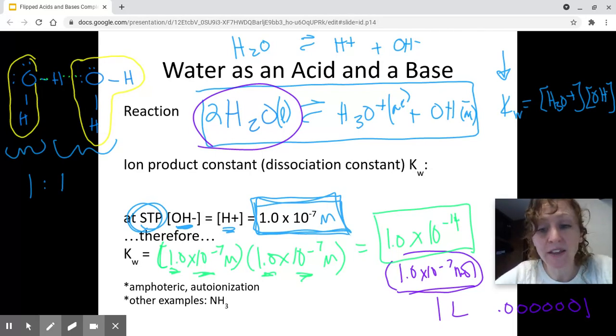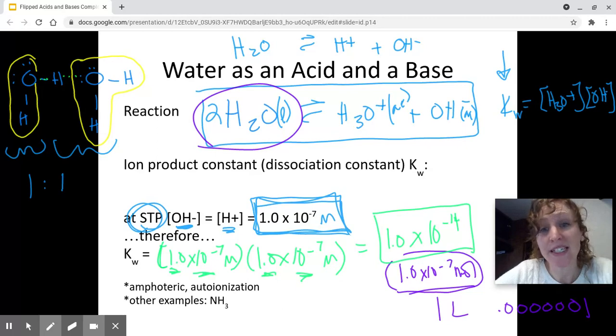Before we move on, though, I do want to point out a couple things. First of all, let's think about the meaning of this K. Is this a very large K or is this a very small K? This is an extremely small K, a very, very, very small K. Normally with weak acids and weak bases, we see K values on the order of 10 to the negative 3, negative 4, negative 5.